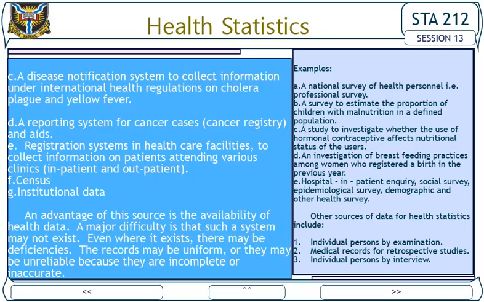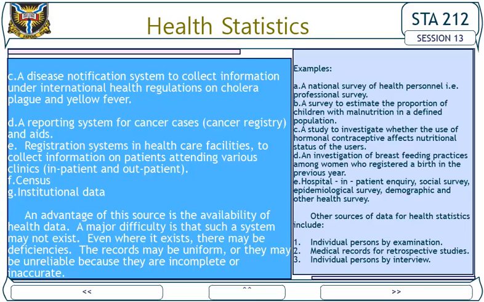F. Census. G. Institutional data. An advantage of this source is the availability of health data. A major difficulty is that such a system may not exist. Even where it exists, there may be deficiencies. The records may not be uniform, or they may be unreliable because they are incomplete or inaccurate.